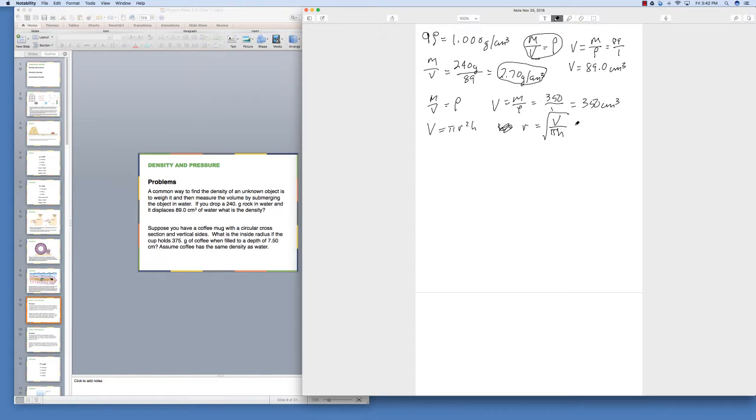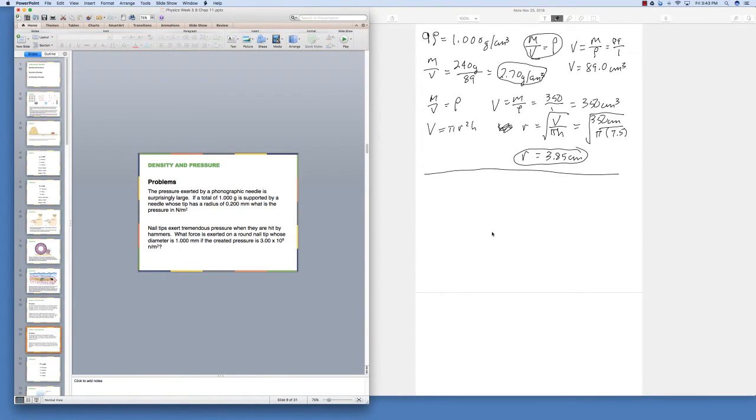And then we put these numbers in, 350 cubic centimeters divided by pi, and 7.5 centimeters was the depth, taking the square root of all that. And if you do the math on a calculator, you get 3.85 centimeters in radius. So that's the second problem, 2 problems.